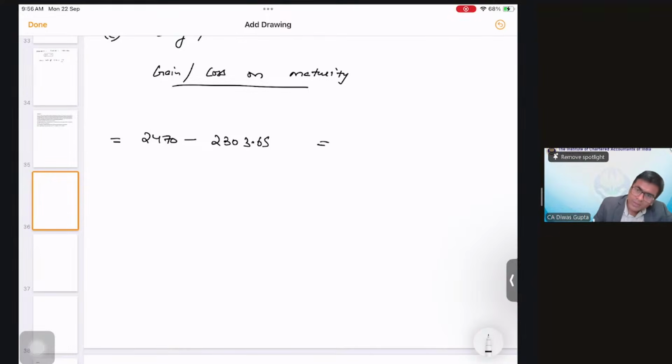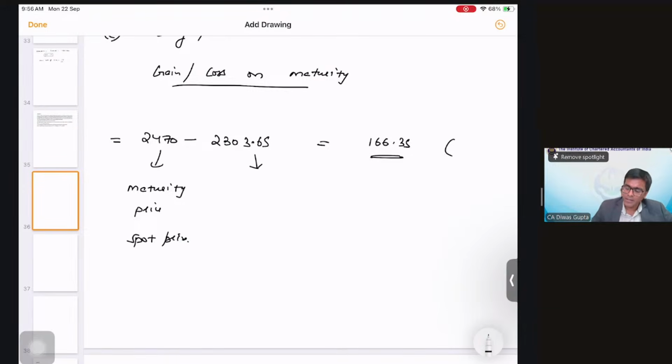So now tell me, students, this 166.35 rupees of difference will be a gain or will be a loss? This is the spot price on maturity, right?